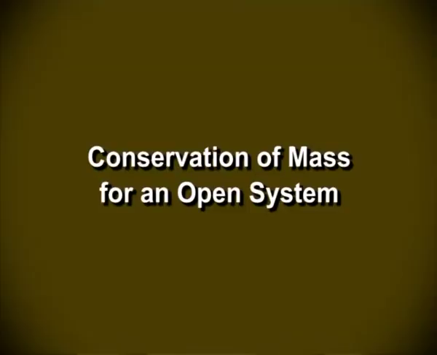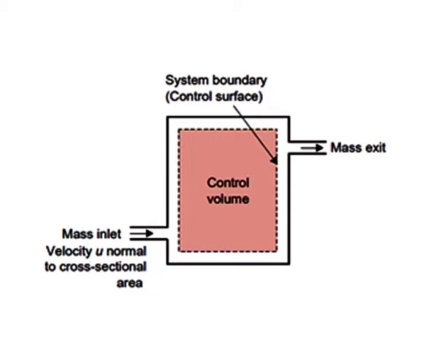Conservation of mass for an open system. Consider a section of pipe used in transporting a fluid. For a control volume shown for this open system, a fluid with a velocity u is entering the system across a differential area dA.